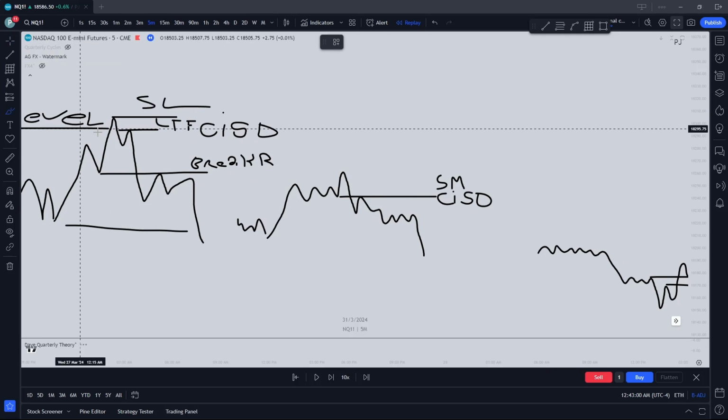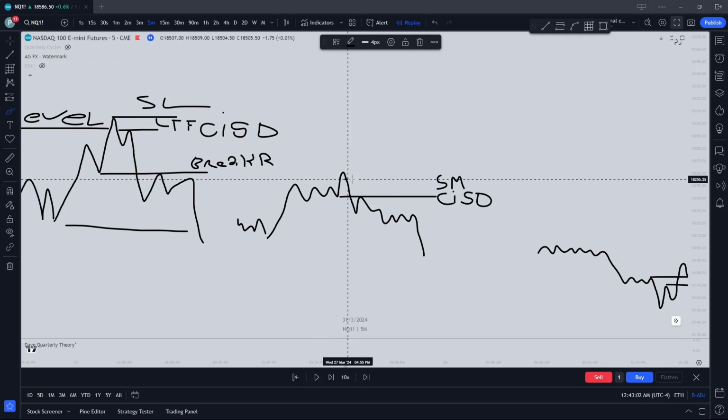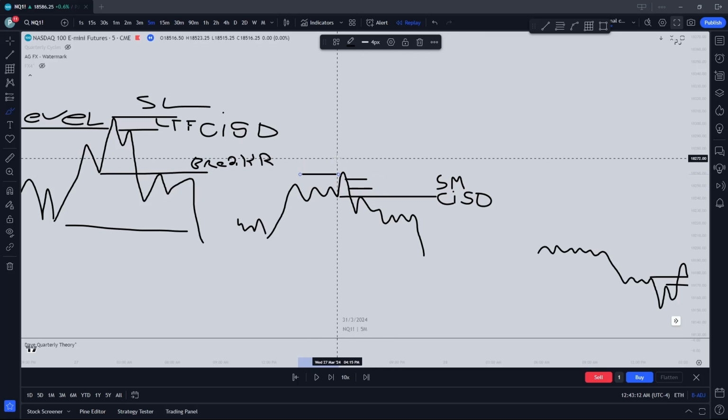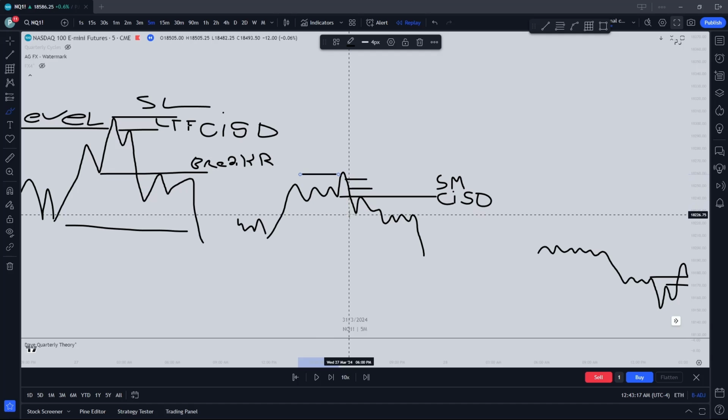You can even use the model if we leave the gap unfilled. Original accumulation, second leg accumulation, smart money reversal, turtle soup into a key area. We have our reaction. You weren't able to get an entry.